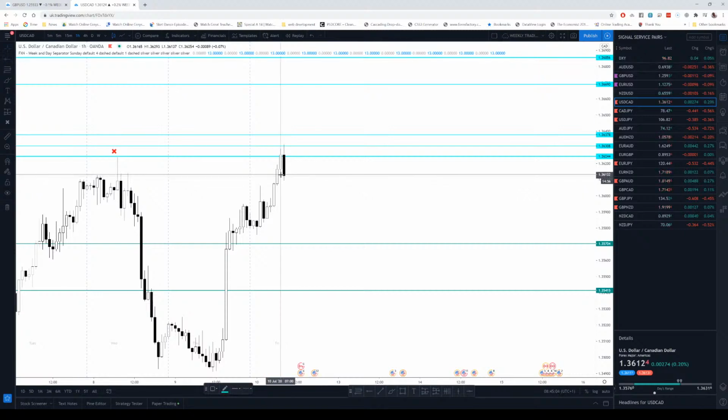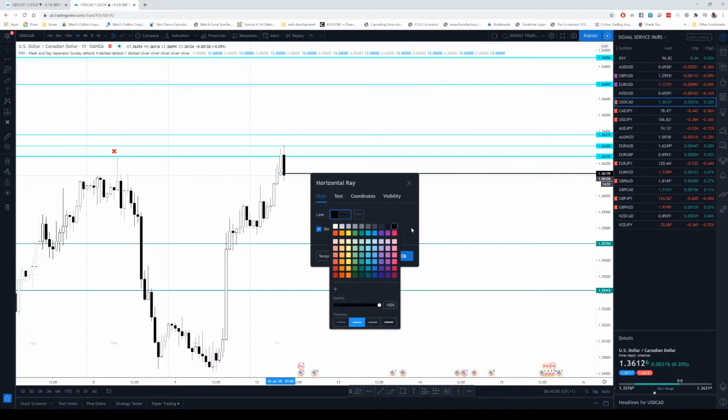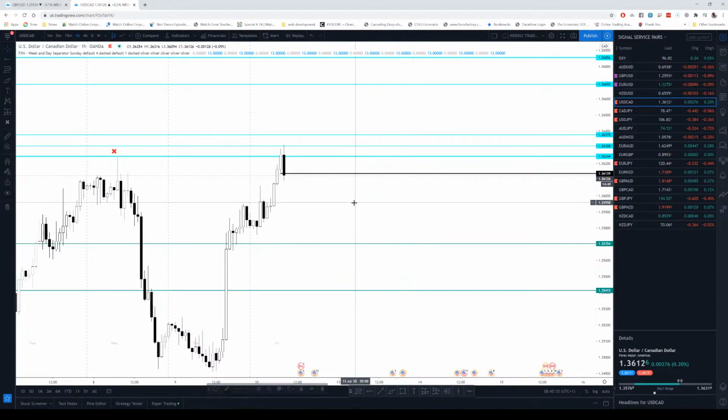I would love to see price close a bit further, not where it is, but a bit further, and then give me a retracement.